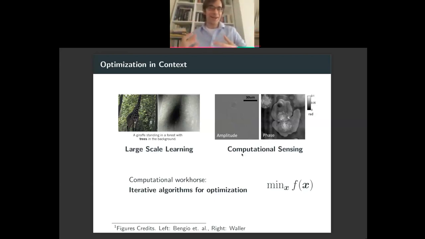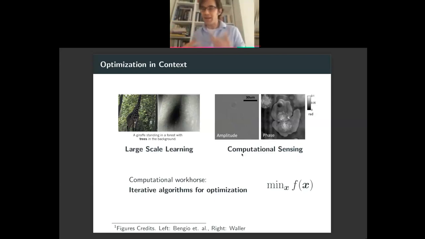And in a lot of these contexts, whether it's learning for autonomy or sensing for medical imaging, we really care about the quality of the solution that we get. In learning, maybe we care about our ability to generalize from a small data set, or ability to be robust to perturbations of the input data.